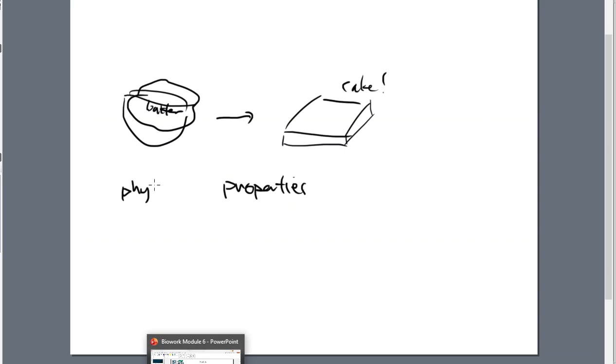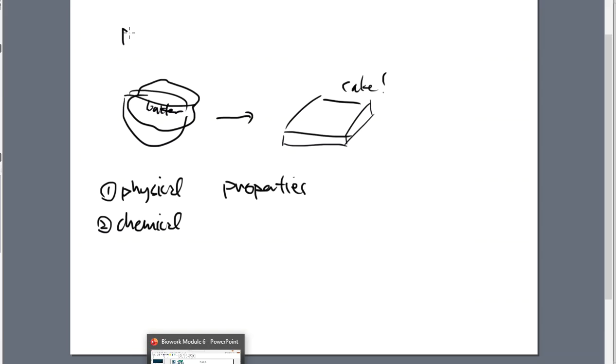We have physical properties, which means things that I can see, smell, feel, and touch. And then we also have chemical properties that have changed as well. These chemical properties are the nature of the substance. We know just by looking at this that cake is totally different than the cake batter that made it in the very beginning. So we get changes, and that's what this is all about.